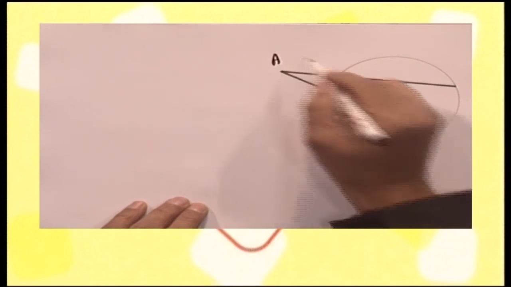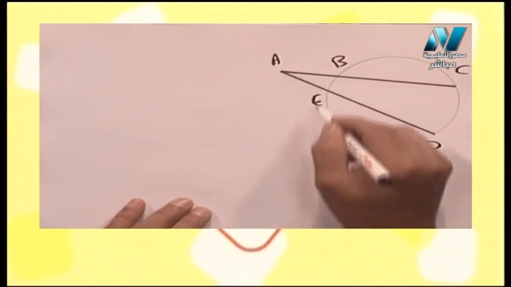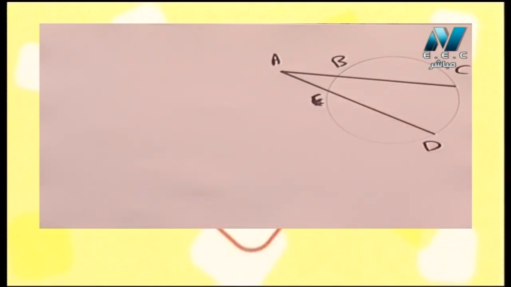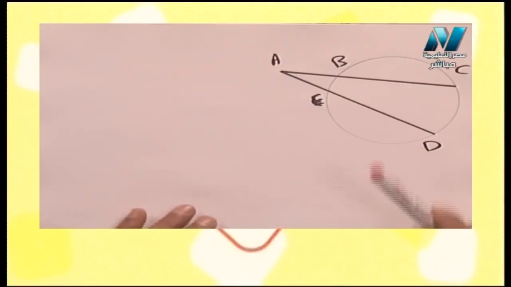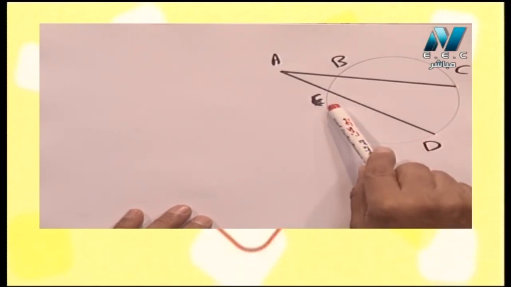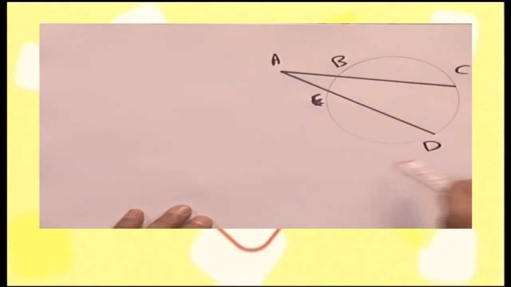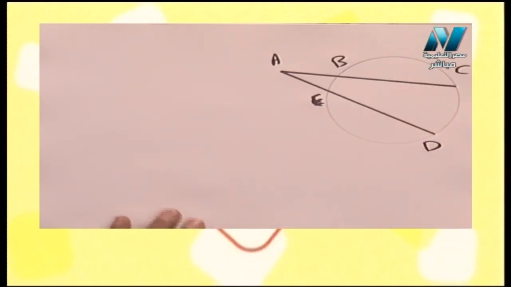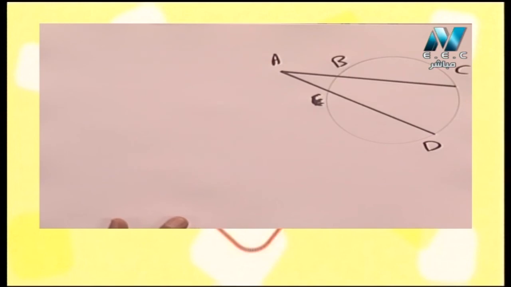We have A, B, C, D, and E. If we have something like that, and he asked me to prove that B, C, D, and E lie on the same circle, we try to prove that B, C, D, and E are on the same circle.